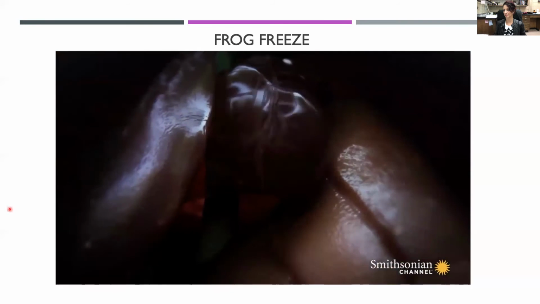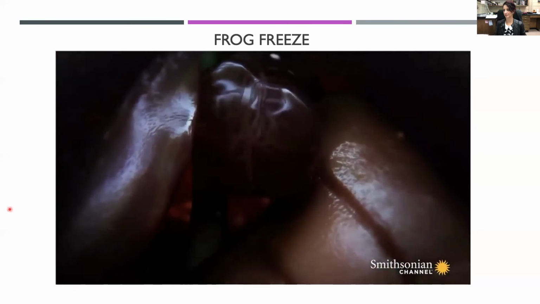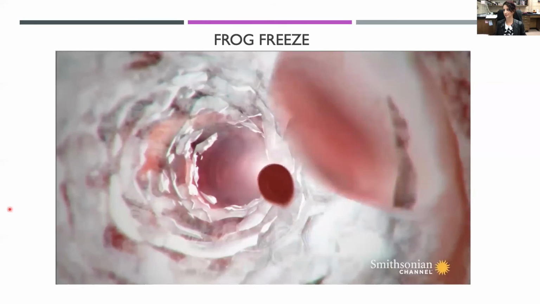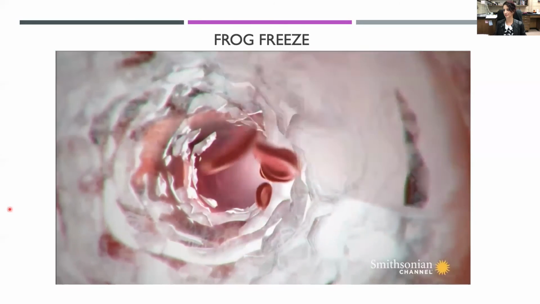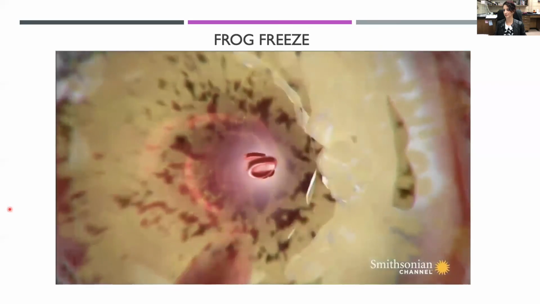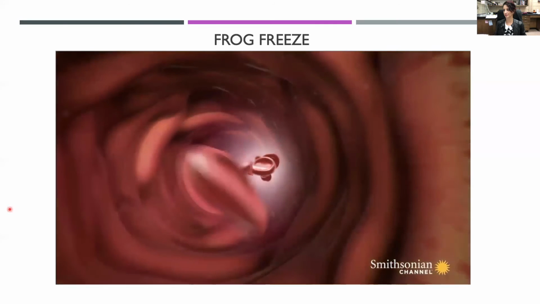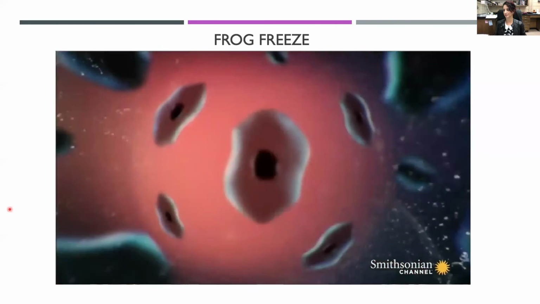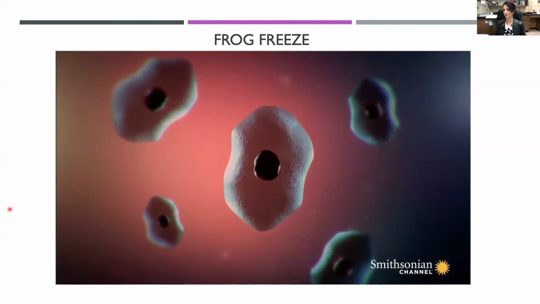To prevent full-scale dehydration, the liver begins to make large amounts of glucose. As the sugar mixes with the urine in the blood, it creates homemade antifreeze. This concoction packs into the frog cells, propping them up.